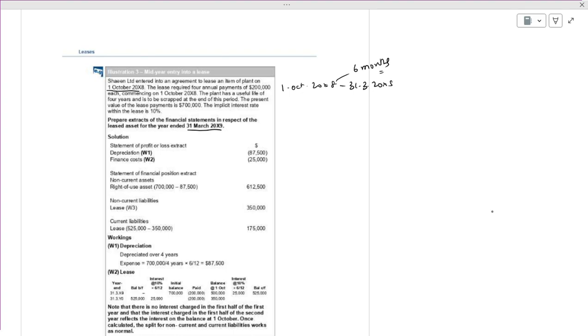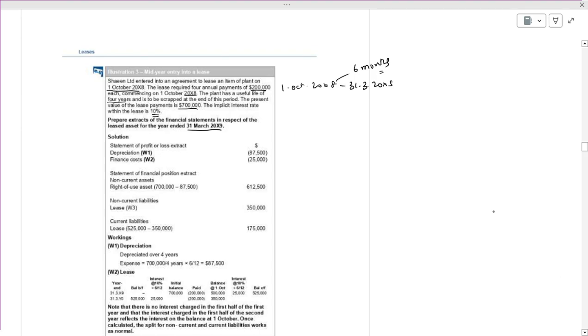The lease has 4 payments, 200,000 commencing on 1st October. The plant has a useful life of 4 years and is to be scrapped at the end of the period. The present value they have already calculated. Present value is 700. The implicit rate will be 10%, rate of interest.